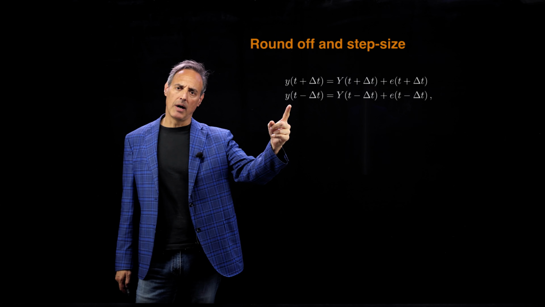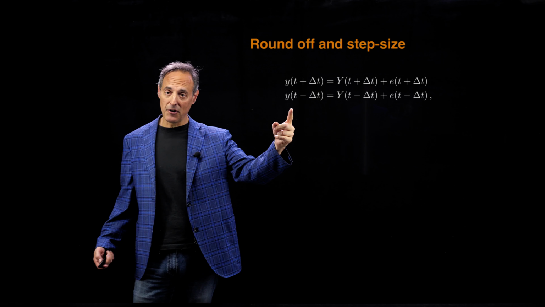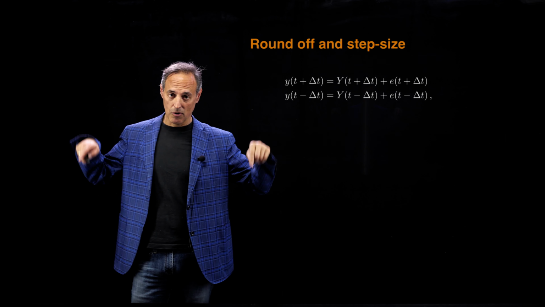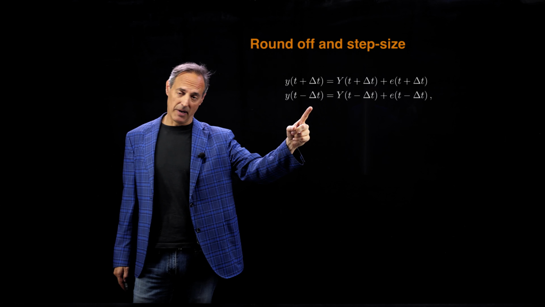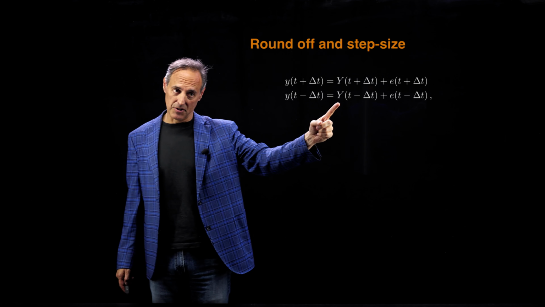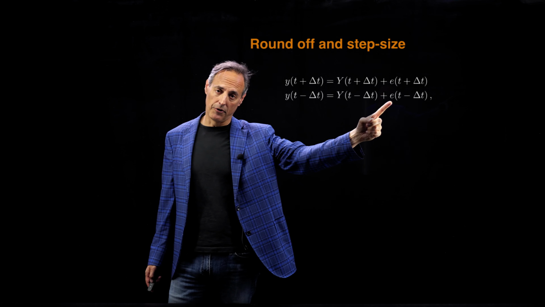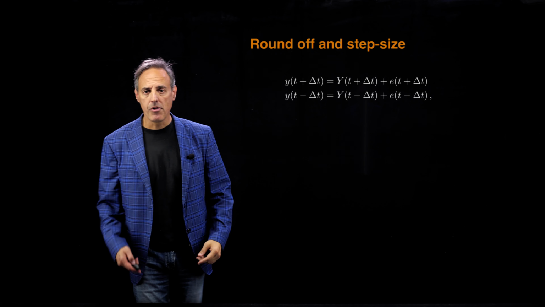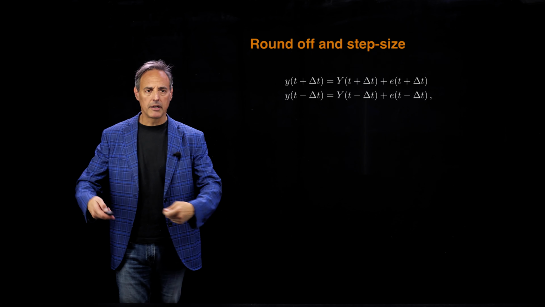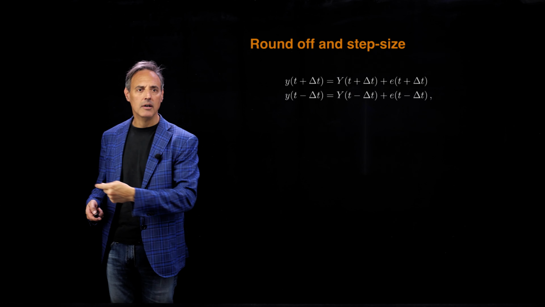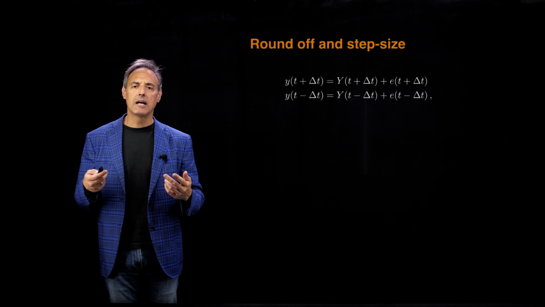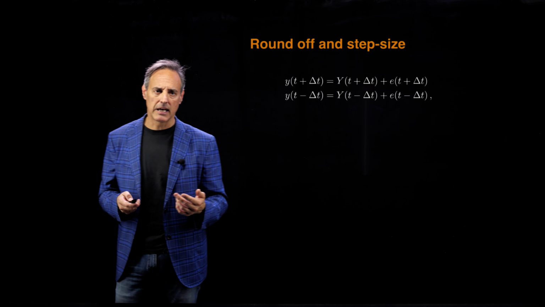Likewise, if I represent y of t minus delta t, which is the other component, remember in my slope formulas I'm using neighbors, so this is my other neighbor. It has a representation, capital Y of t minus delta t, with numerical round-off epsilon. So both of these, when I compute them on a computer, are going to be finite representations to 16 decimal place accuracy.